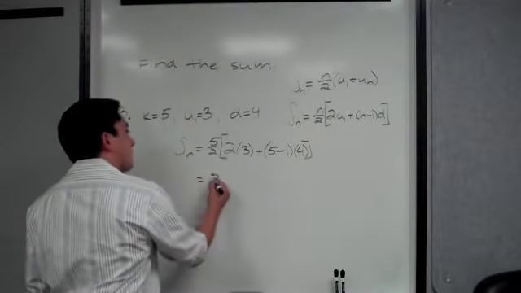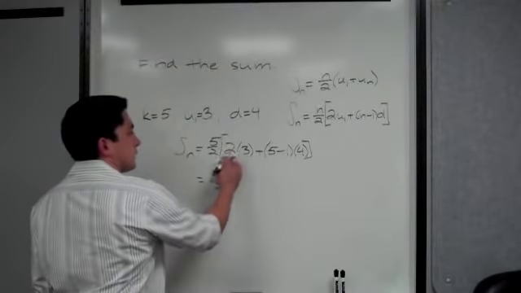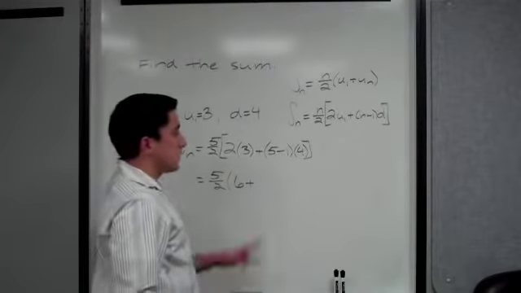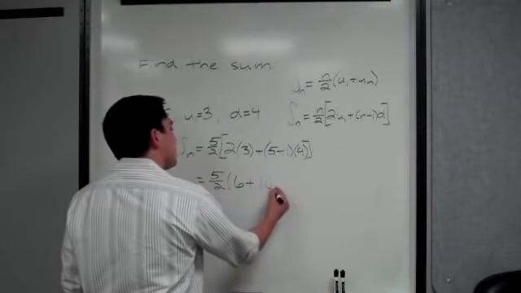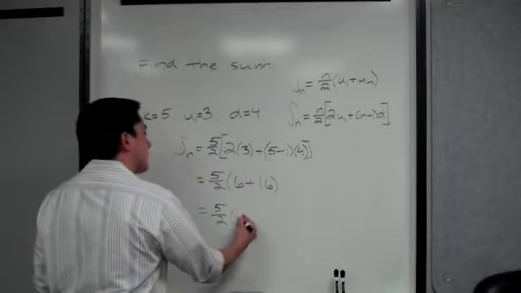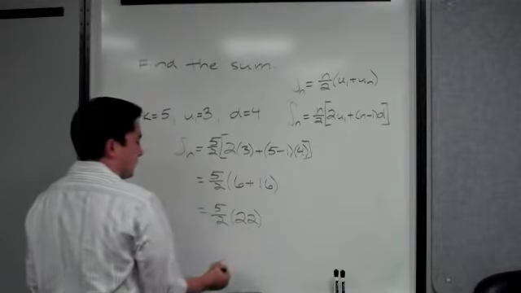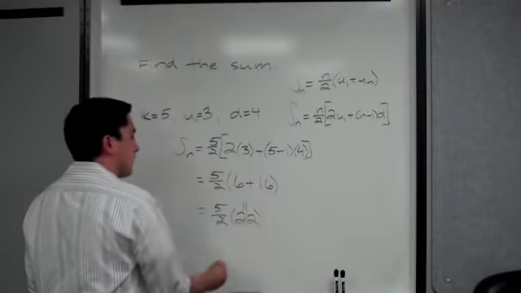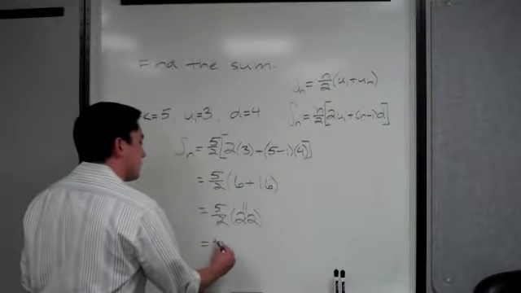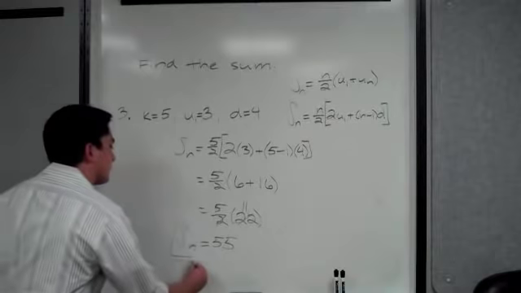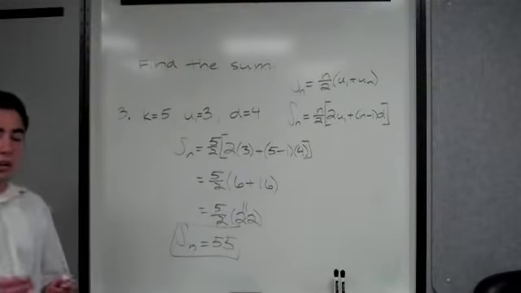So we have 5 over 2. This becomes 6 plus 5 minus 1 is 4 times 4 is 16. So you have 5 over 2 times 22, which the 2 and the 22 reduce. This becomes a 1. This becomes 11. So 5 times 11 is 55. And that will give you S sub n. It's equal to 55. Alright?